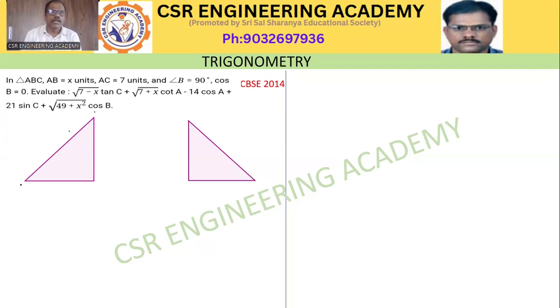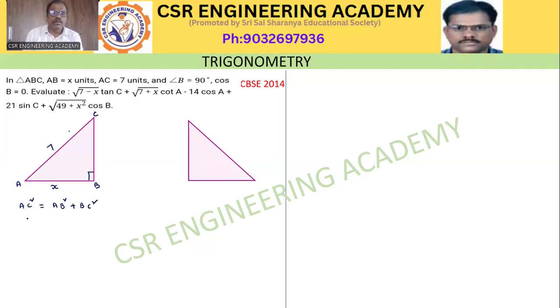In triangle ABC, right angle at B, AB is equal to x units, AC is equal to 7 units. According to Pythagoras theorem, AC square is equal to AB square plus BC square.